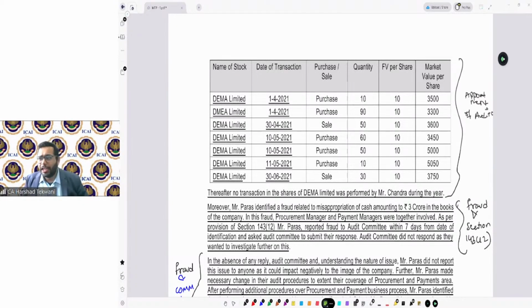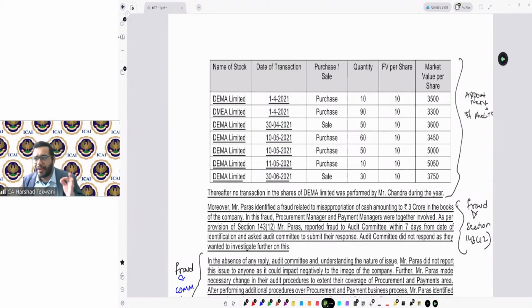What is the limit for the auditor's relative with respect to the securities? Whether it's a face value limit or a market value limit.